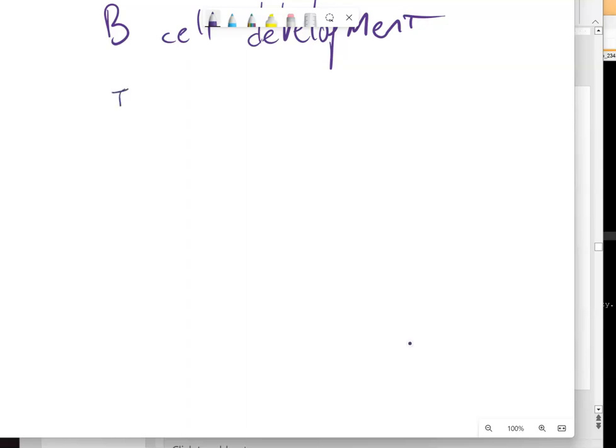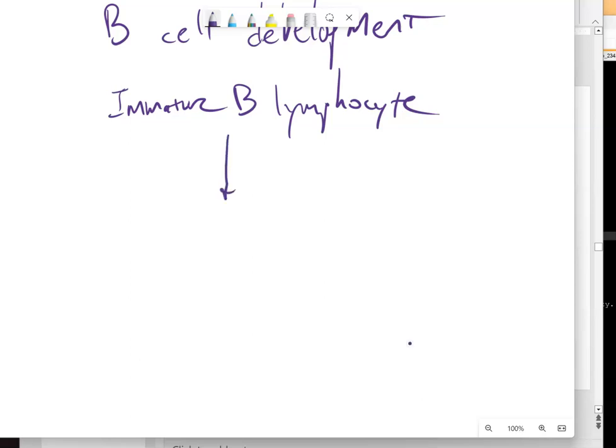You start with an immature B lymphocyte, and it's going to go through education where? In the bone, in the red bone marrow.